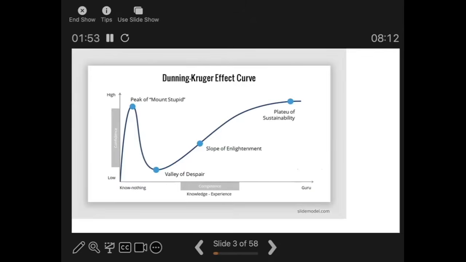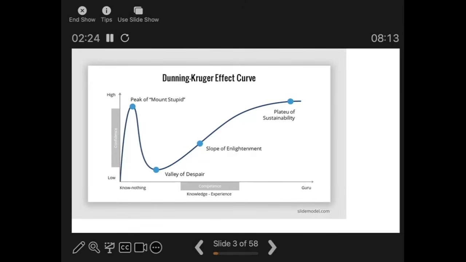Another very important thing in endoscopic learning is we must understand the Dunning-Kruger effect, which reminds us that learning is not just about gaining skill, but it is also about accurately recognizing our capability. The beginners often feel overconfident.